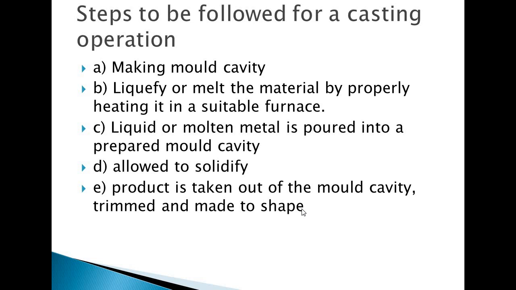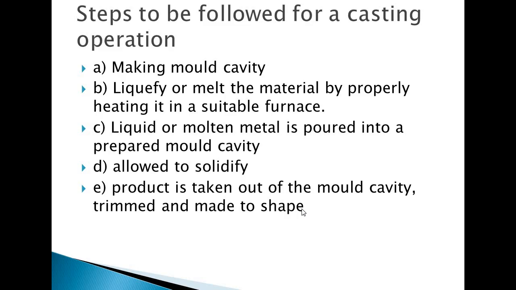Once you have completed melting the material by properly heating in a suitable furnace, the third step is that the liquid molten metal is poured into the prepared mold cavity. Then the next step, which is very important, is to allow it to solidify.